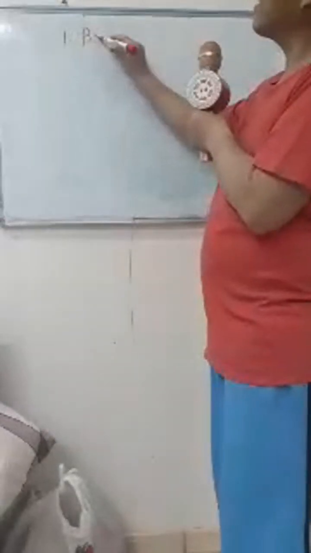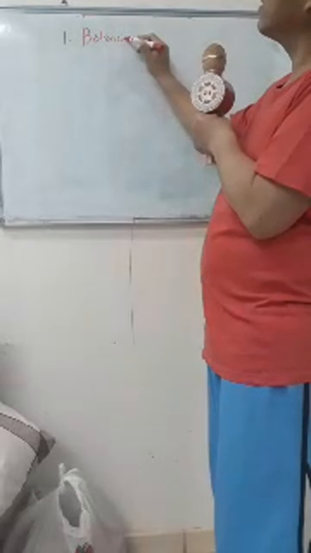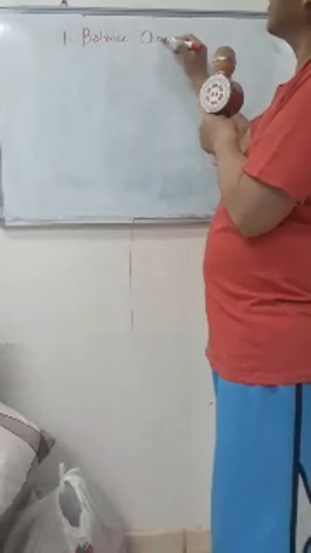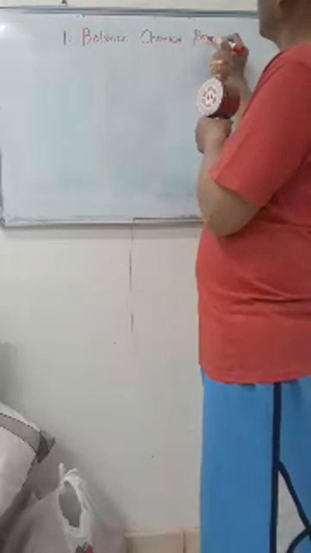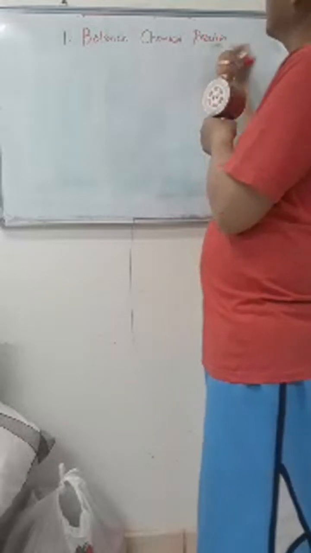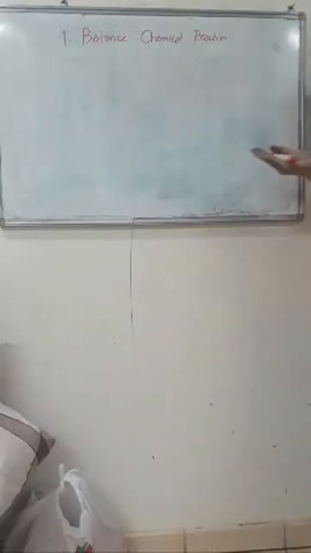The first step is to balance the chemical reaction. What do you mean by this? This is standard, the first step. It means you balance the number of atoms from the left and the right.